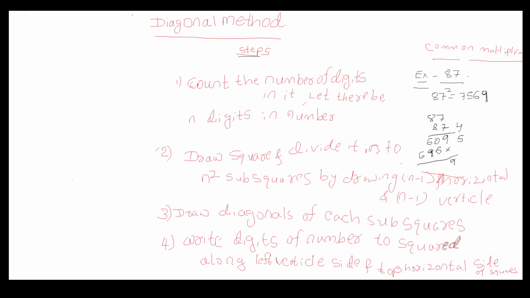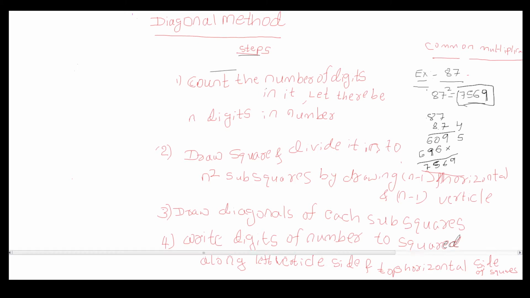Like this we can get a number with common multiplication. Now the answer is 7569. With these digits, these are the required digits, how are we going to get them by steps?